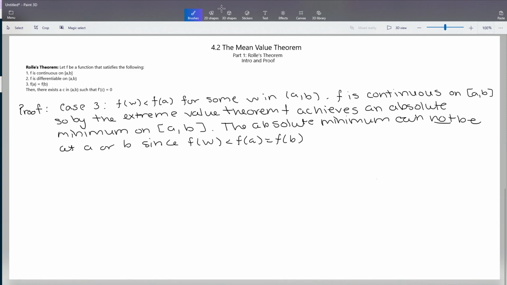So the absolute minimum has to be in that open interval.